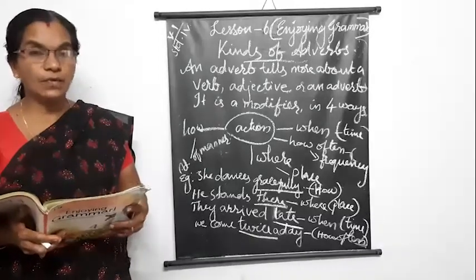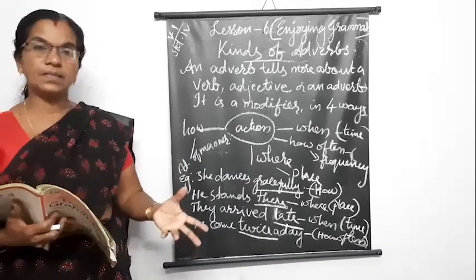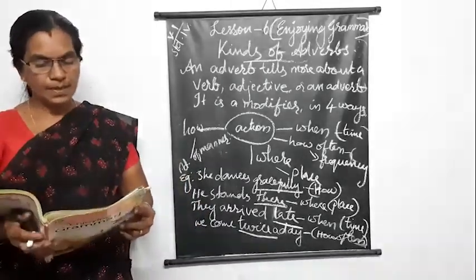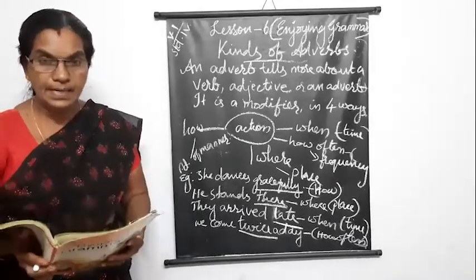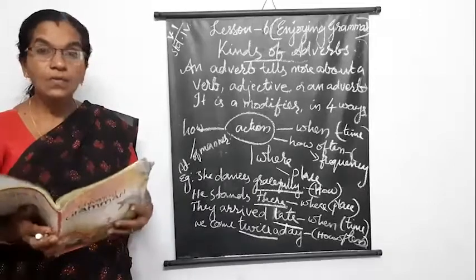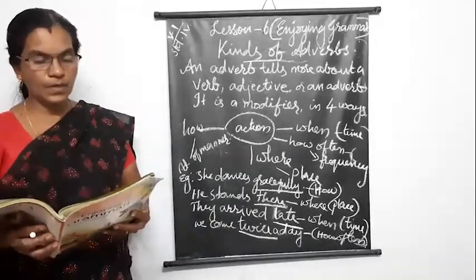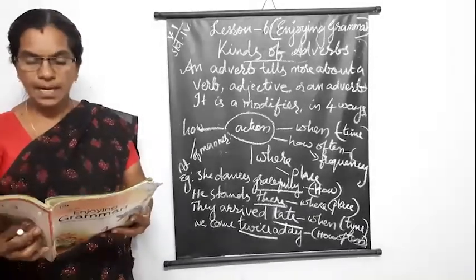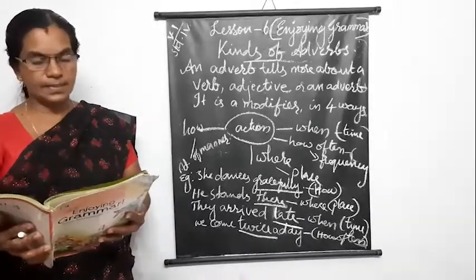She goes for a walk every day or twice in a day or once in a month. Okay? So, adverbs of frequency tell us how often the action happens. Some adverbs of frequency are every day, always, seldom, often, never, once and twice.